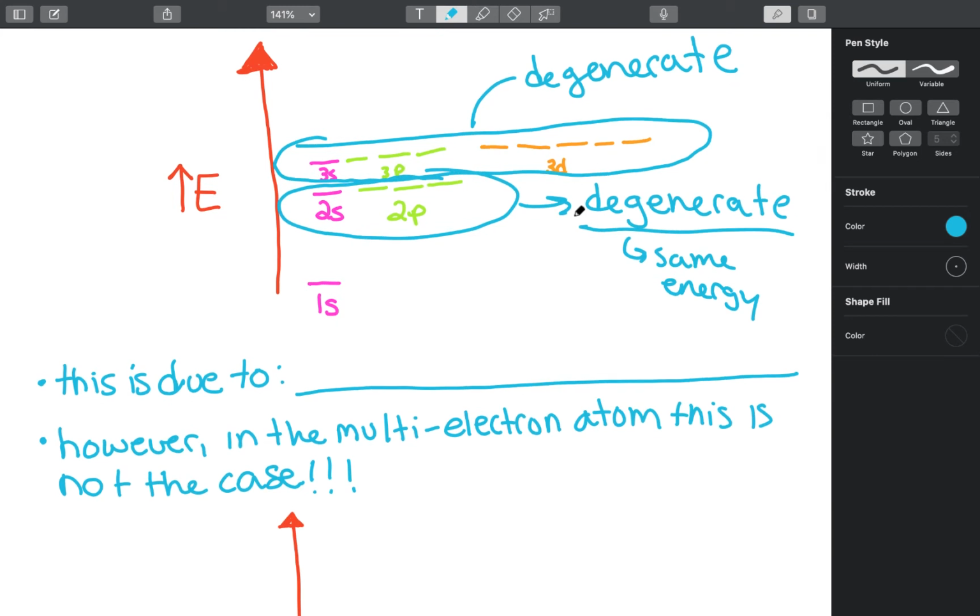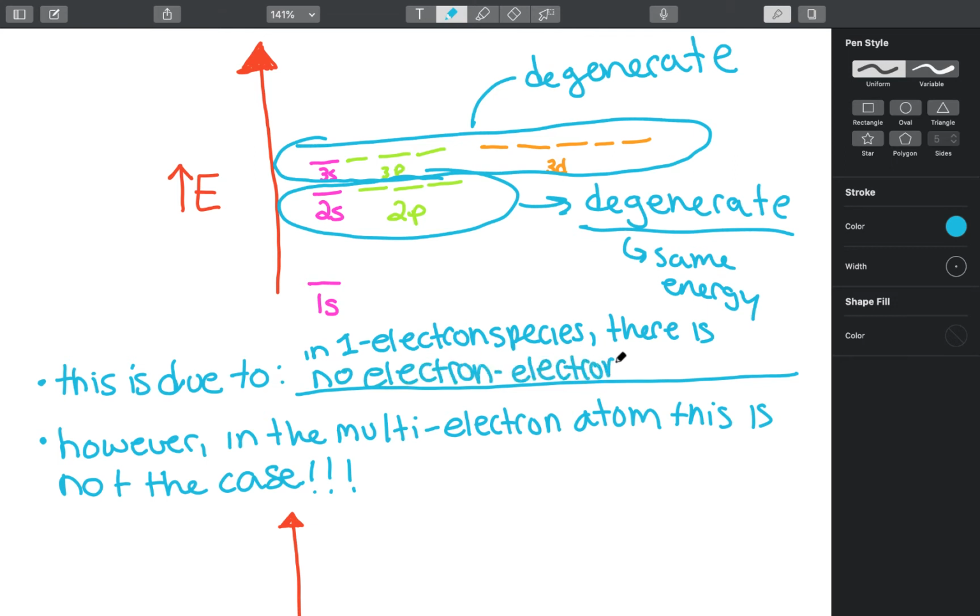So this is only true for one-electron species, and this is due to the fact that there is no electron repulsion in a one-electron species.